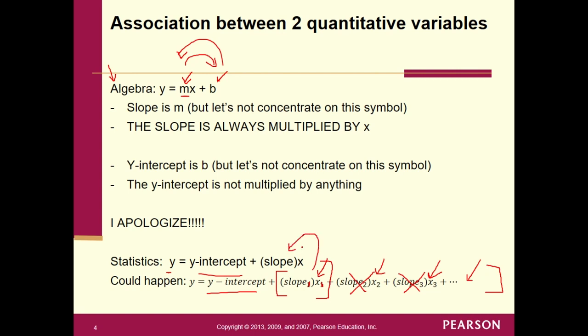All right. So no matter what computer program you're using, if it's doing regression analysis, it's going to give you the equation of the line in that form right there: y is equal to the y-intercept plus the slope times x. So we'll just have to deal with it. All right. But there are reasons why we do it in statistics like this.